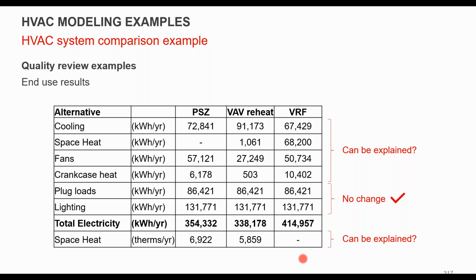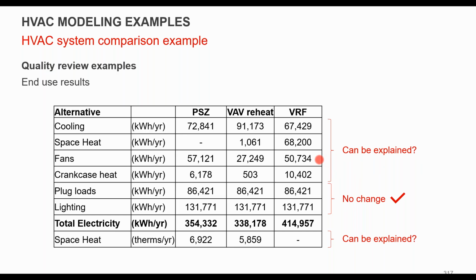And then Craig says, why wouldn't the DOAS VRF utilize less fan energy than the VAV? That's a good question. The choice here of the VRF includes the heat recovery piece. Also, the minimum flows were not set. I think these are set as constant volume indoor evaporator coils. So that's why the fan power is high here. It's also something you would want to make sure you can explain in the results.